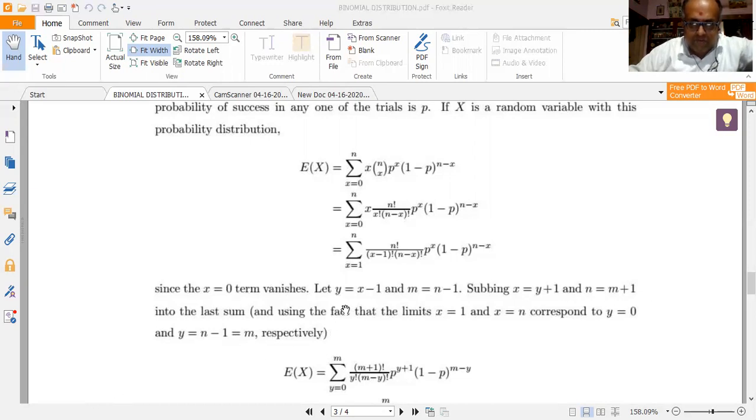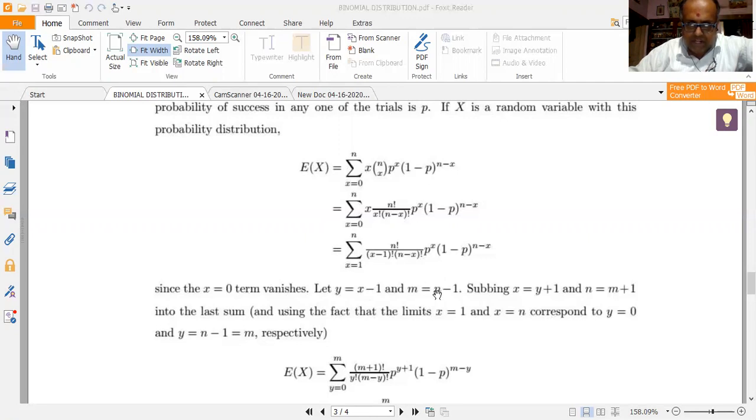Now, since I am doing the substitution, there would be a change in the values of the summation also. When x is equal to 1, I have y is equal to 0, and when x is equal to n, I have y is equal to n minus 1. N minus 1 is nothing but m due to the second substitution. Please note, I have done two substitutions, y is equal to x minus 1 and m is equal to n minus 1.